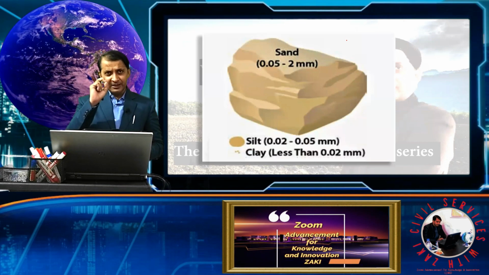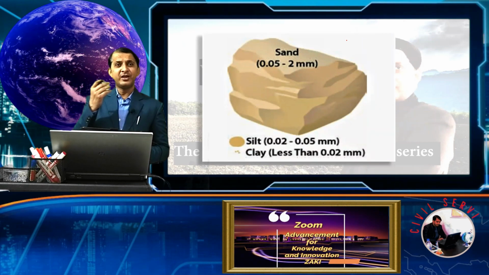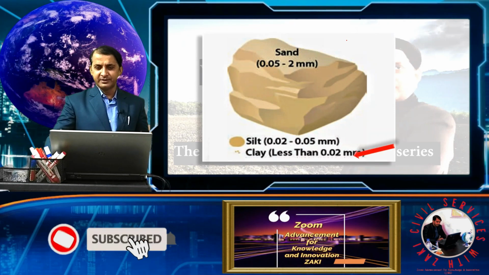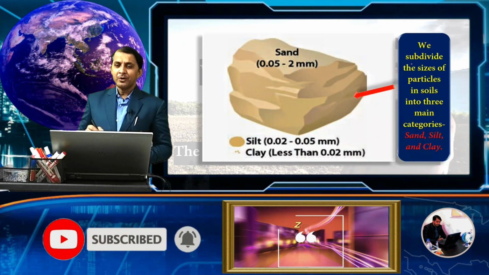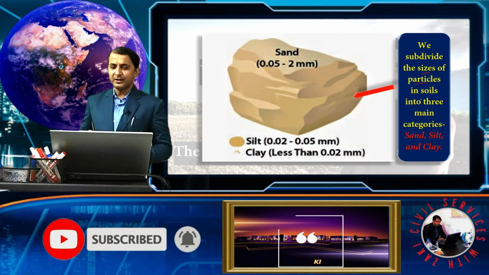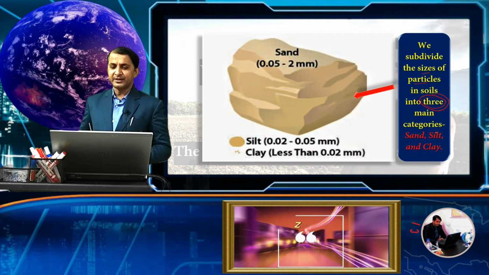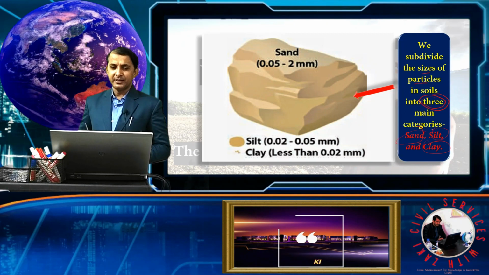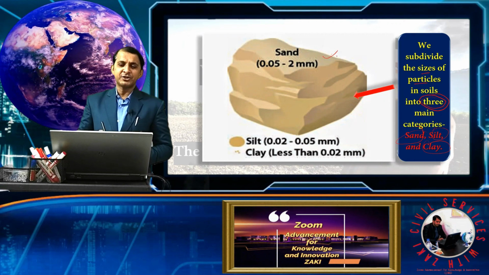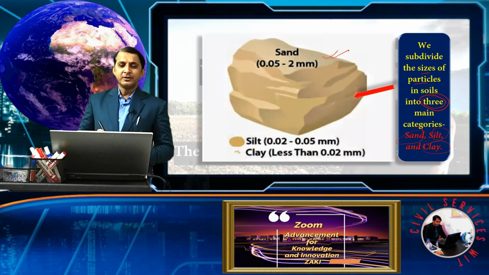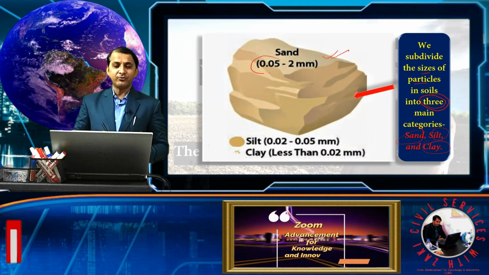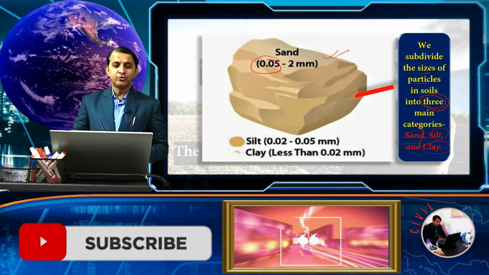So basically, we can divide soil particles into three major types. We can subdivide the size of the particles of soil into sand, silt, and clay. Sand is the largest soil particle, and as you know, sand can be 0.5 millimeter to 2 millimeter.